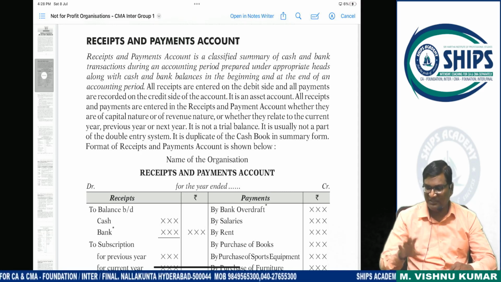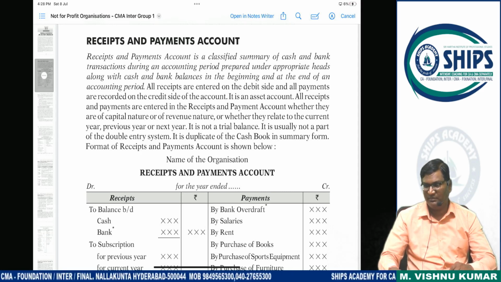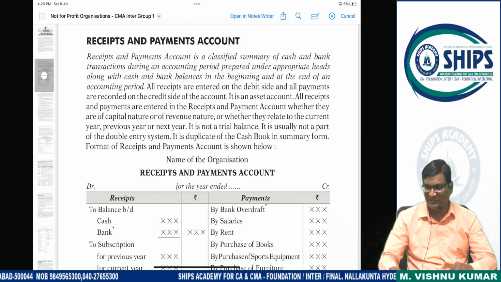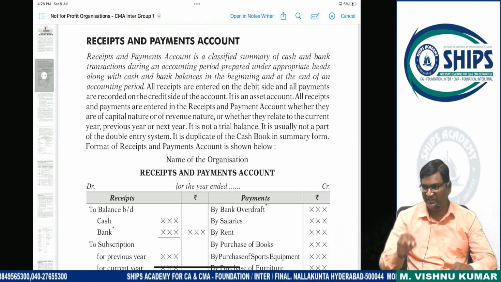This will not come in receipts and payments account, because this is not an accrual system of accounting. This is a cash system of accounting. So cash receipts, cash payments only will take place here. The ultimate purpose of receipts and payments account is to ascertain closing balances of cash and bank at the end of the year.